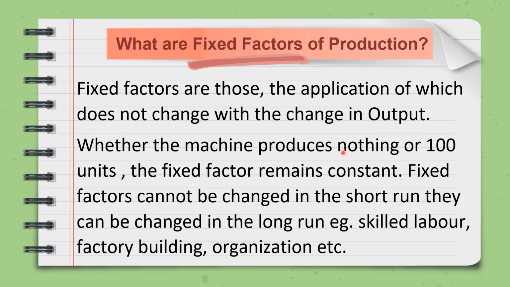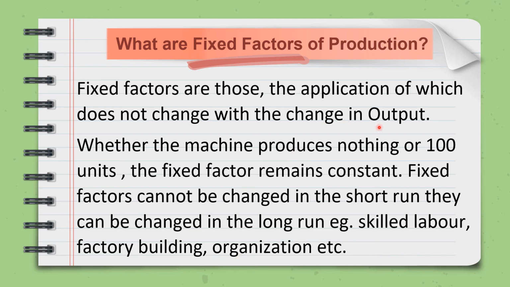Whether the machine produces nothing or 100 units, the fixed factor remains constant or same or unchanging. Fixed factors cannot be changed in the short run. They can be changed in the long run. Example, skilled labor, factory building, organization, managers, and so on.